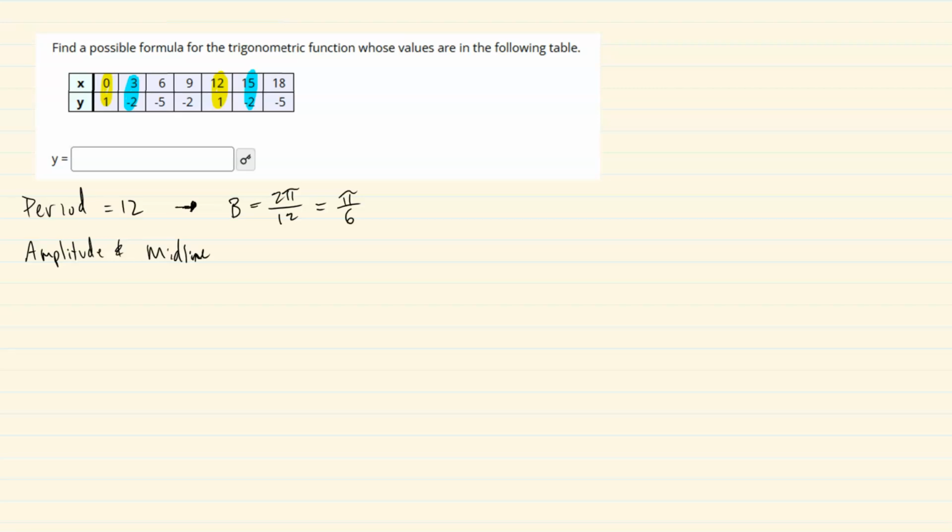What we want to find is the most extreme output, and that will help us determine our amplitude, and then in turn find the midline.